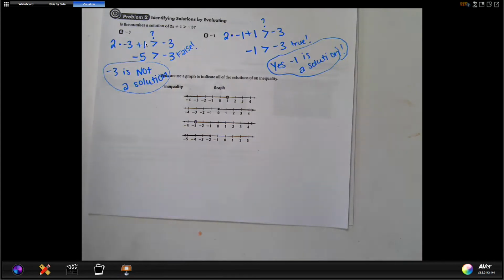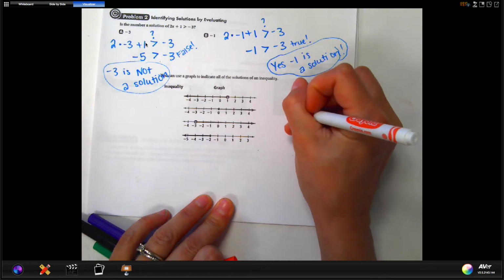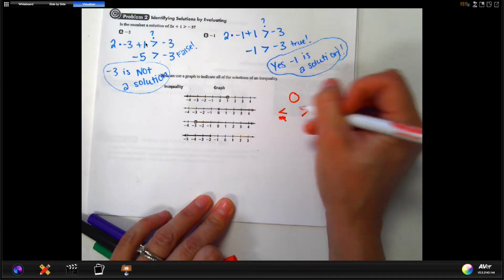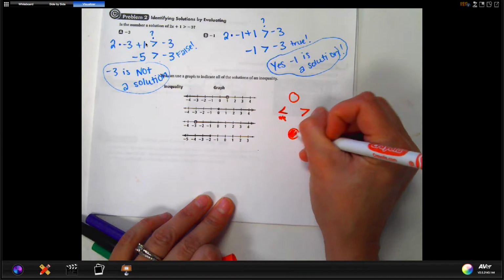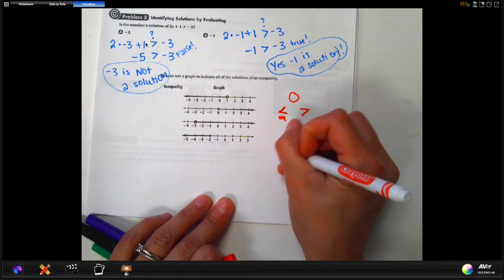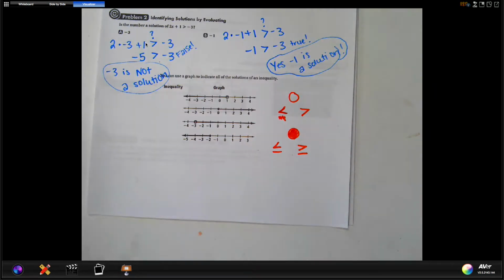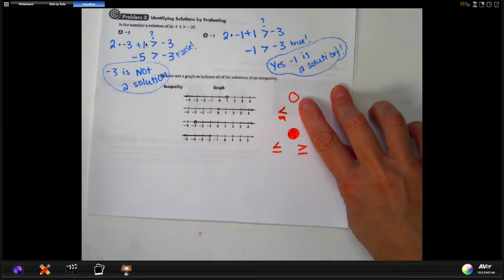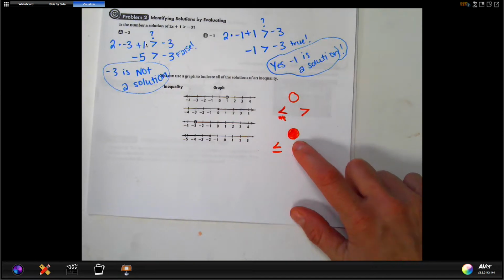Open circles are for less than or greater than. Closed circles, meaning they're filled in, are for less than or equal to and greater than or equal to. So open circles mean that they're not included. Closed circles mean they are included.